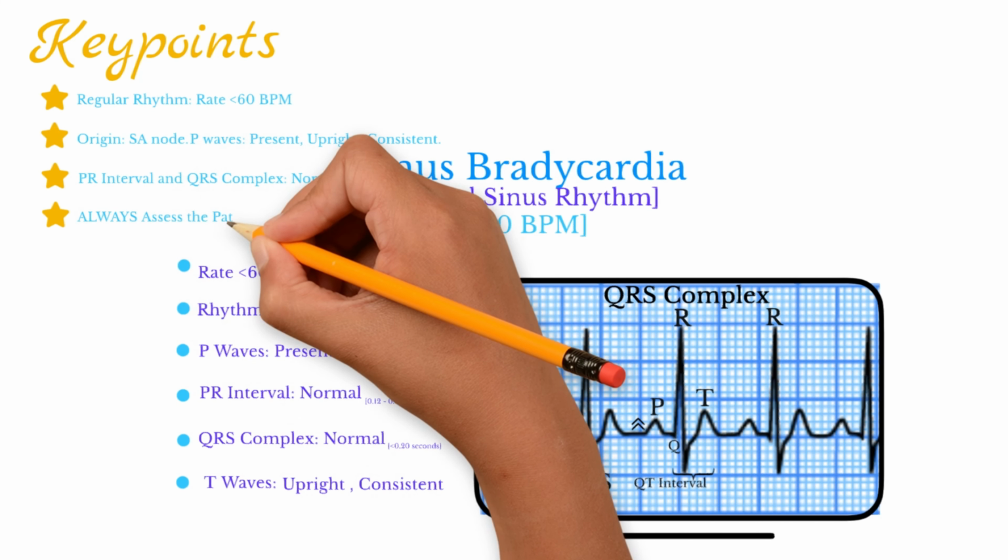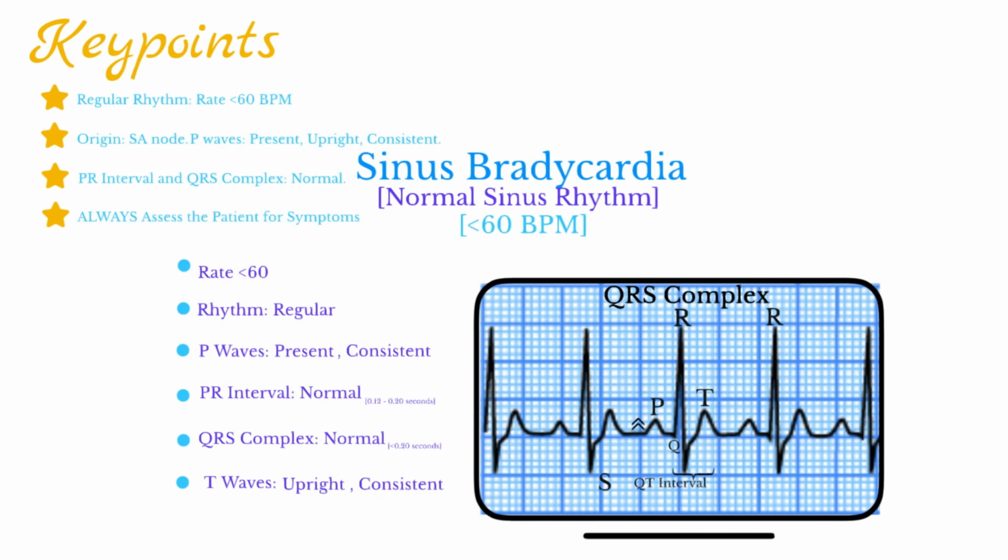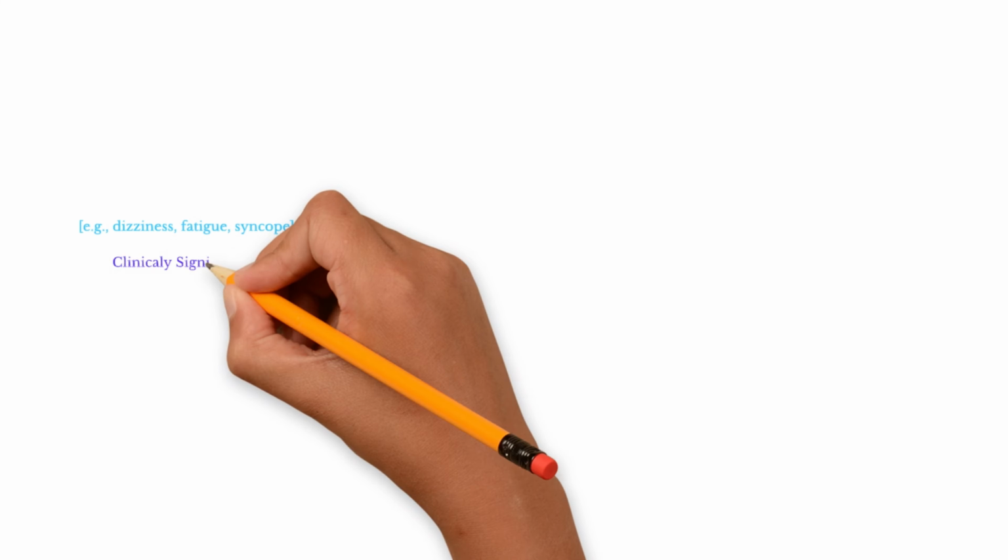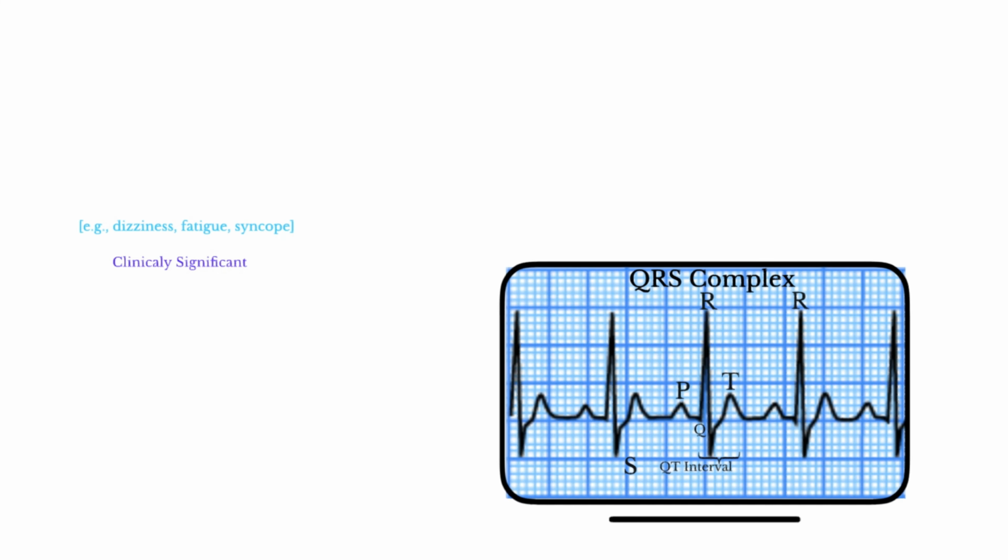Always assess the patient for symptoms. Examples of the symptoms could be dizziness, fatigue, syncope, and some other symptoms. This will determine if the bradycardia is clinically significant. The EKG strip looks like this.